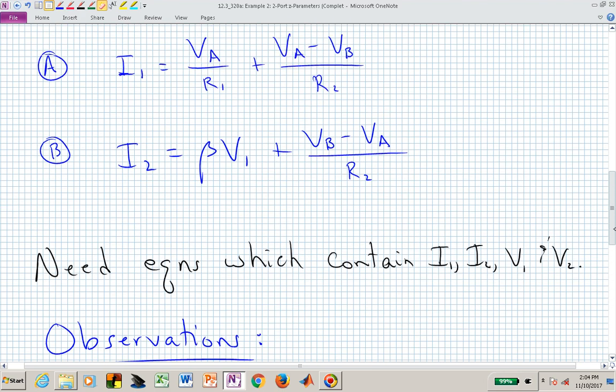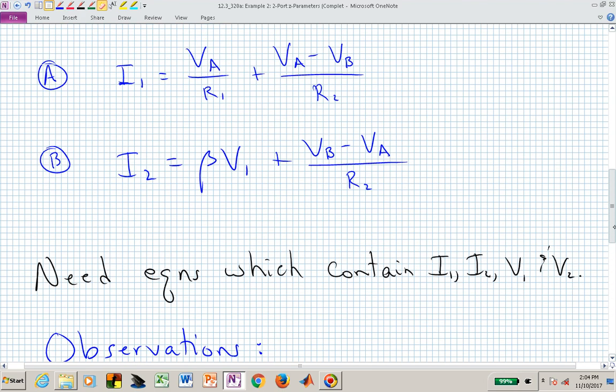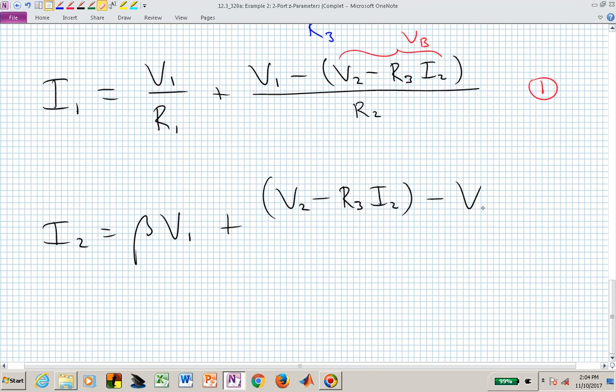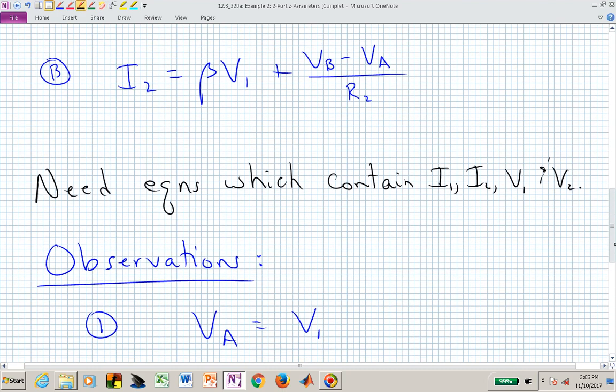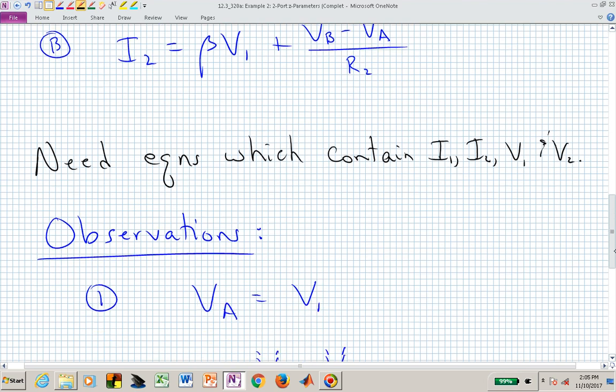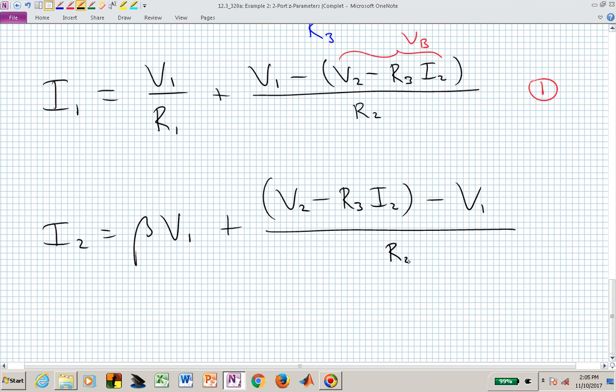Better make sure I'm doing the right thing. It was V sub B minus V sub A, and V sub A is V sub 1, all over R sub 2. And that's now our second equation that only contains V1, V2, I1, and I2.